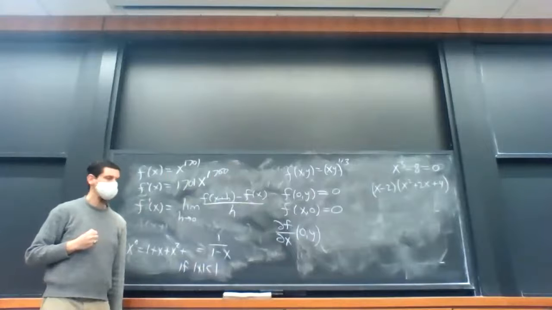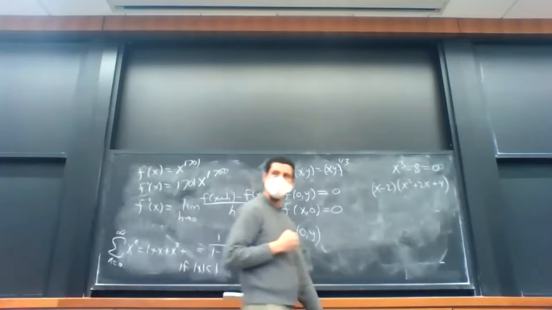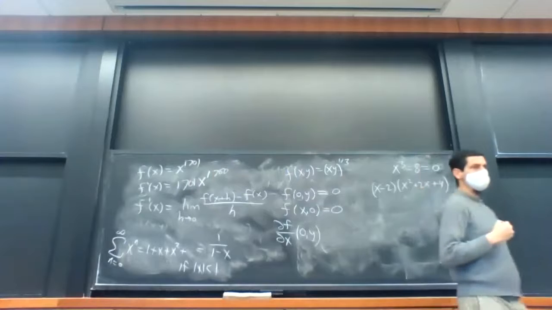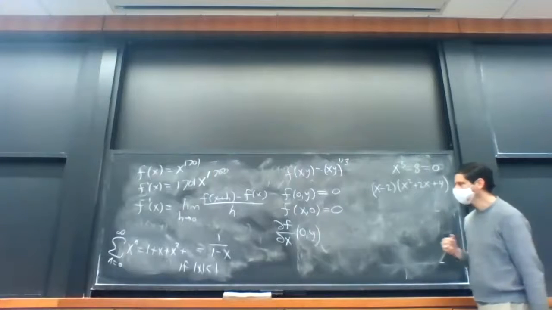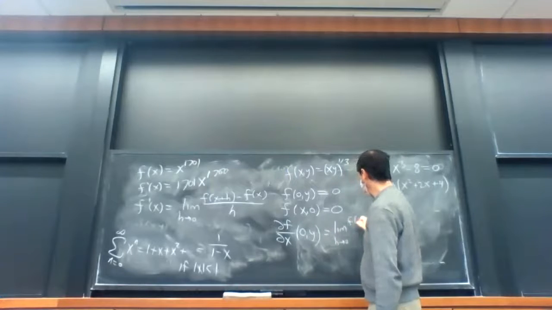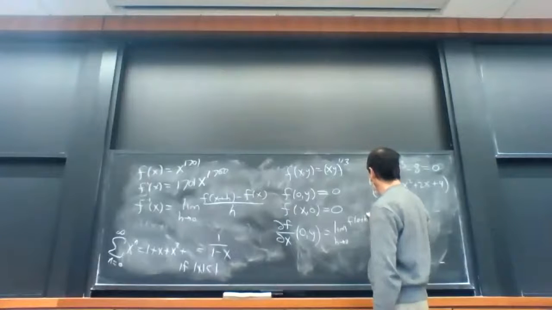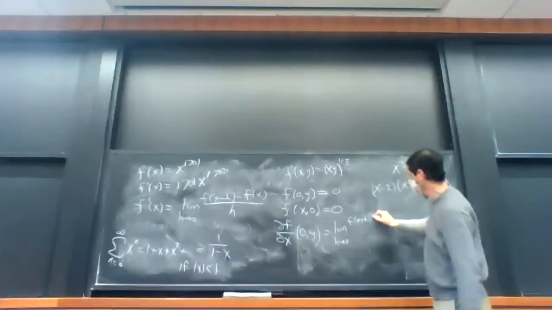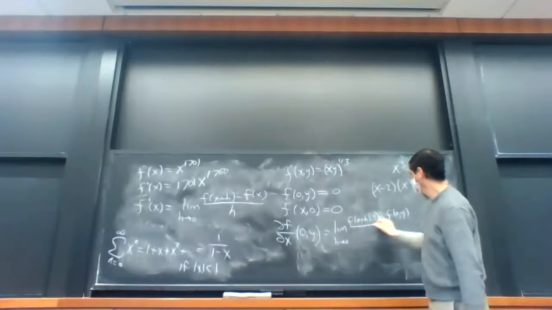Let's calculate. Let's look at df/dx at 0, comma y. So what might you expect this to be? Well, let's do the calculation. This is going to be the limit as h goes to 0 of f of 0 plus h, comma y, minus f of 0, y, divided by h.